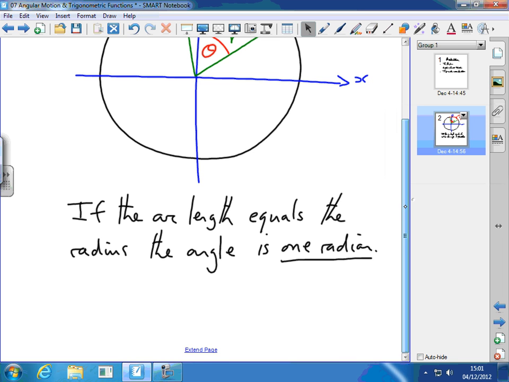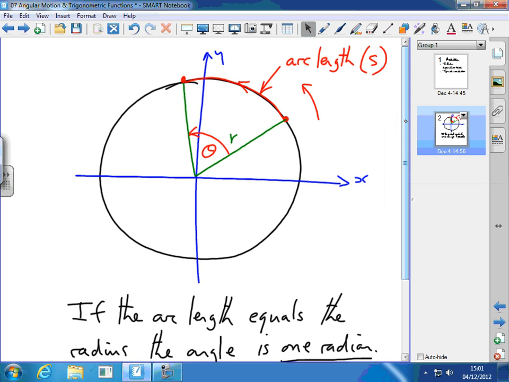Now if we think about the whole circle, we know the circumference of a circle, it's 2 pi times the radius. 2 pi r is the circumference of the circle right the way around. I won't go right the way around because it does weird things if I do that. So if I go right the way around the circle, I've gone through 2 pi times the radius.